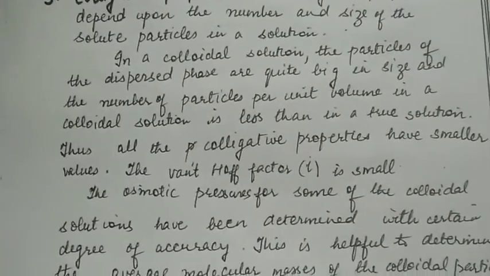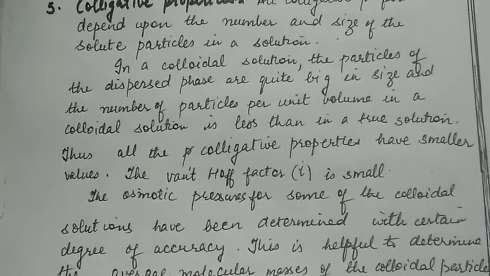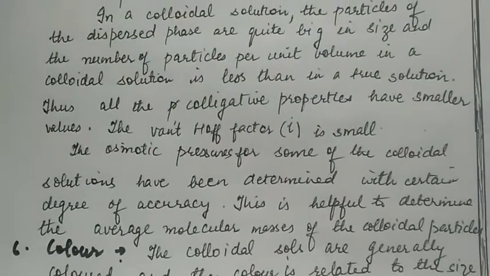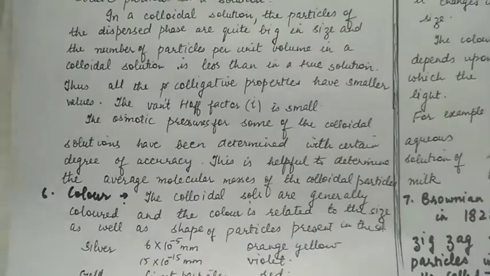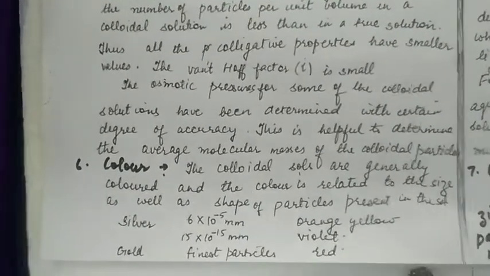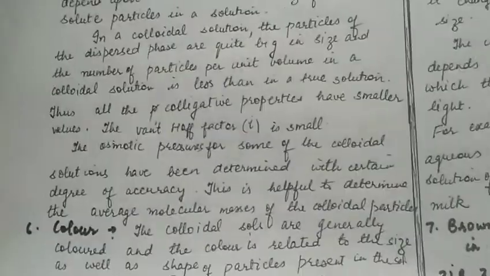Thus, all colligative properties have smaller values. The Van 't Hoff factor i is small, and osmotic pressure of some of the colloidal solutions can be used to determine the molecular masses of colloidal particles with accuracy.